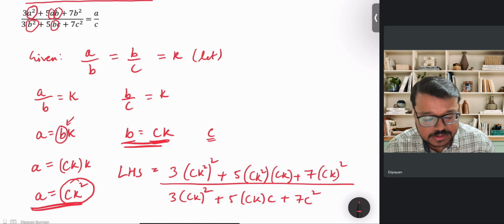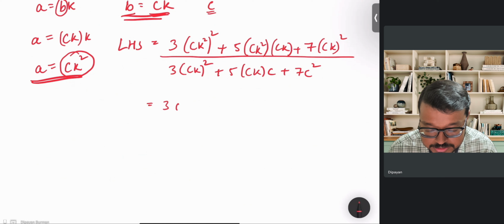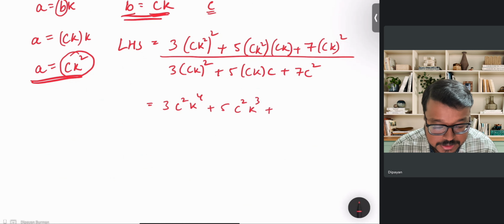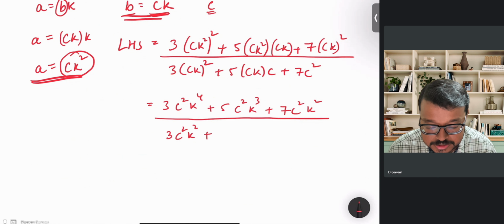Then we just need to expand whatever can be expanded, and then we'll take common factors. So 3 CK whole square is C square K to the power 4, plus 5 into C square K cube, K square into K is K cube, plus 7 C square K square, divided by 3C square K square plus 5C square K plus 7C square.